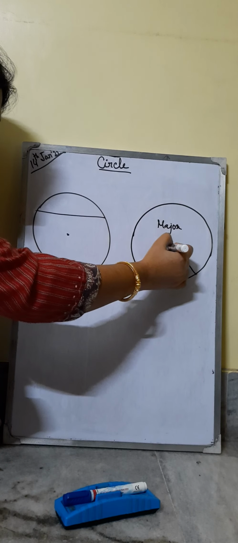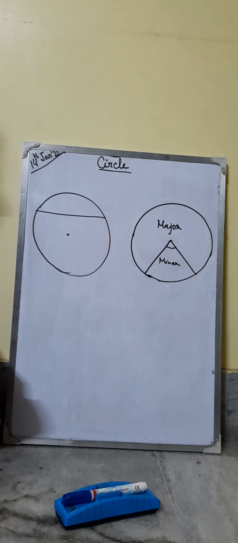And this angle made by the two radii is called the angle subtended by the arc. You can draw another. Suppose if we draw this side, this angle is also known as the angle subtended by the arc.